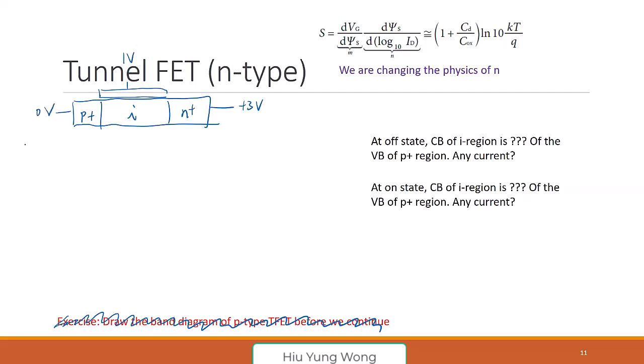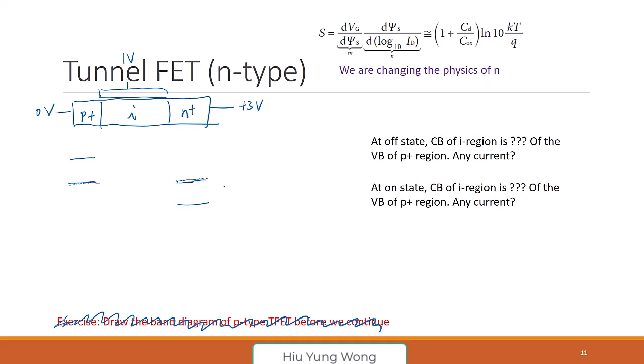Okay, let's say at the beginning, right? Let's do this carefully. It is 3 volt. First of all, I know that on the left, what do I have? I have P. On the right, I have N. Maybe heavily doped. Let me just put it really next to each other.